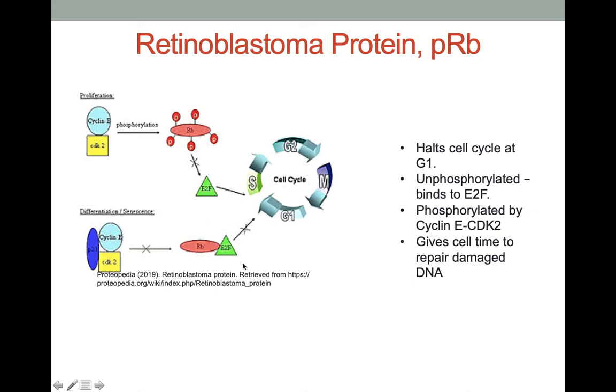So we can see the first where it's inactivated because it's unphosphorylated. The E2F and the retinoblastoma protein are combined, and the cell cycle signal is not being sent.